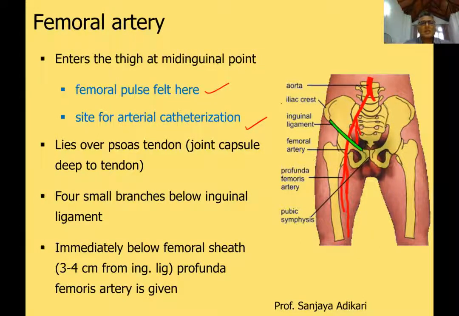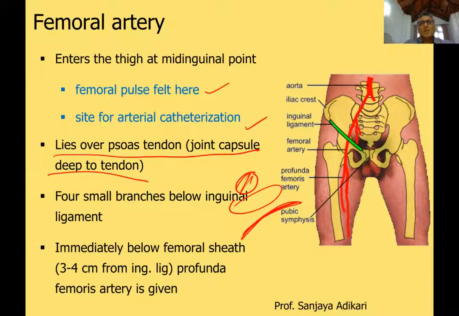I might get wrong in some of these things. You know this better than me, you are in the clinical setup now. Then this is the point that I wanted to raise. It lies over the psoas tendon, and the psoas tendon actually separates the femoral artery from the joint capsule. So you have the artery, you have the psoas tendon, and you have the capsule of the hip joint underneath that. So that is the point.